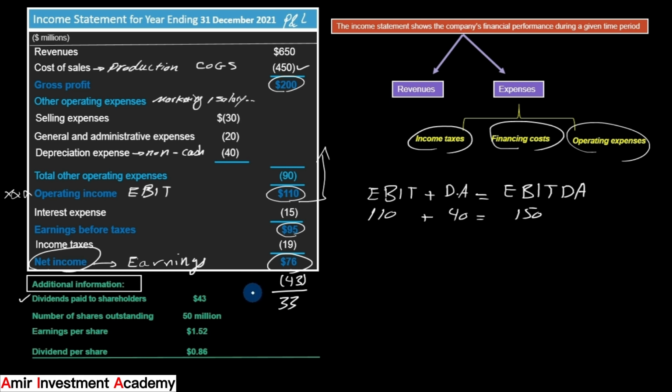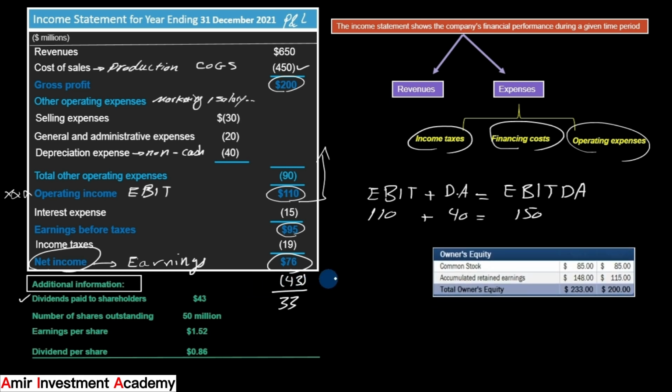Now, keep this 33 million in mind because we had a line in our balance sheet called the accumulated retained earnings. I'm going to bring it here so you can recall that part. We had the assets, liabilities, and owner's equity, and this is the owner's equity section of the balance sheet. We had common stock and accumulated retained earnings, for year 2020 and year 2021, December.